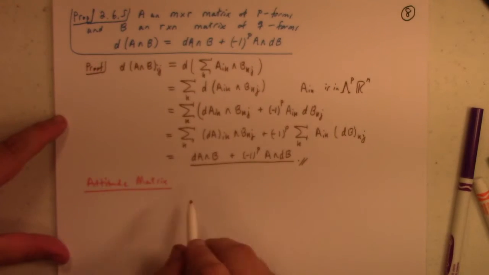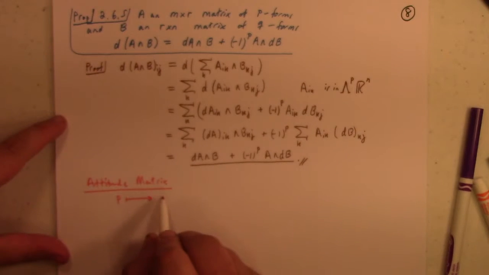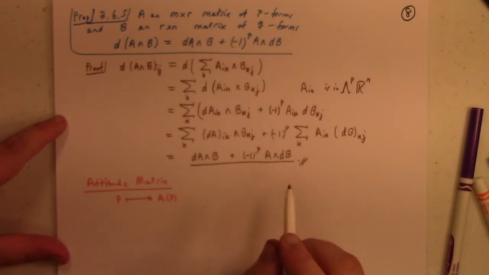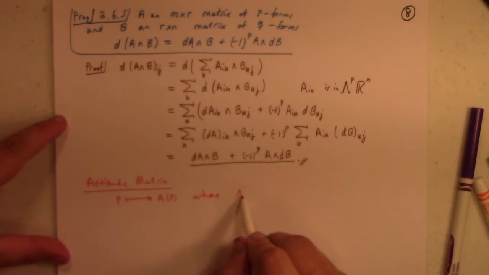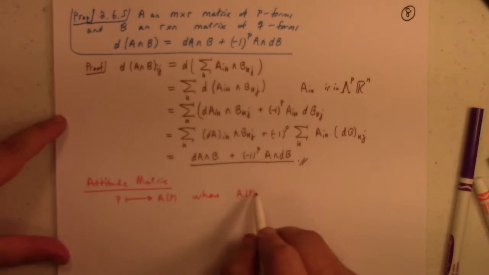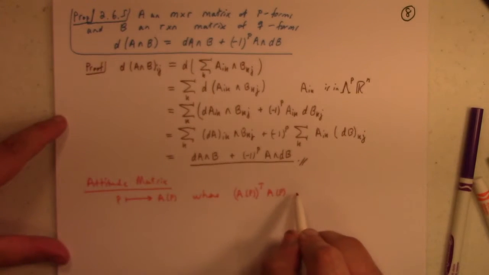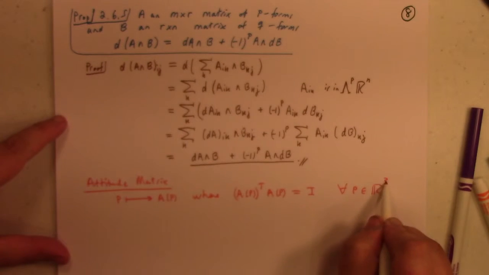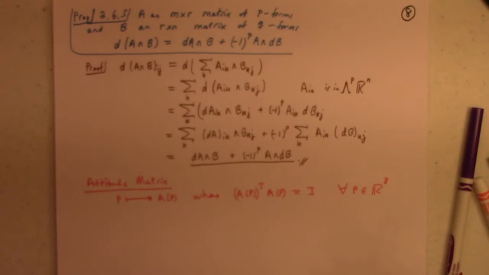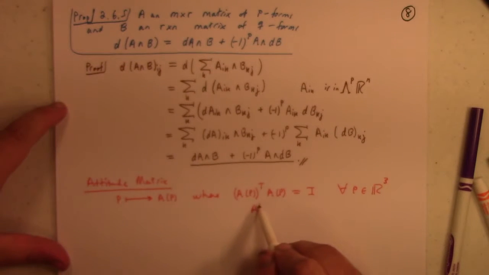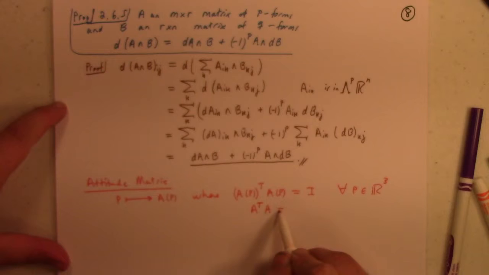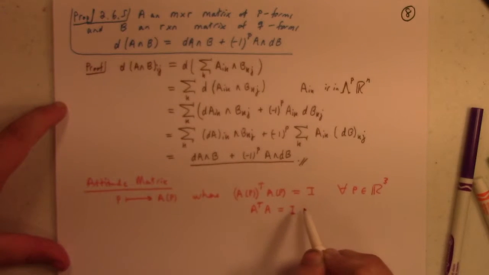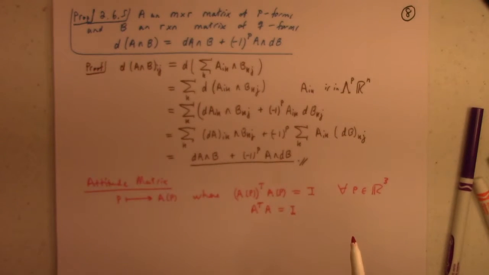Well, it assigns to each point p a matrix A(p), where, if I put the point dependence in just for a second, A(p) transpose A(p) is equal to I for all p in R^3. So we usually just write this as A transpose A equals I. Sorry, I refuse to write the transpose on the other side like O'Neill. I'm sure there's a good reason for it, but nobody ever convinced me of it, so I'm writing my transpose there.